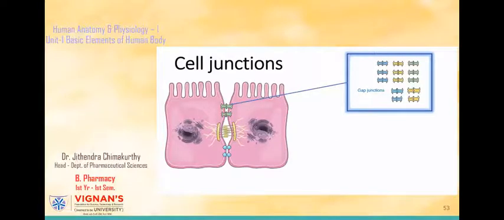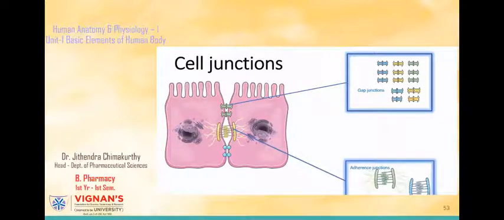It is also known as a channel forming junction. So it is also a mode of transport of ions and other messenger molecules between the two cells. Now, adherence junctions are mostly structural support. They help the cells stick to each other, and these adherence junctions are anchored to the actin cytoskeleton such that two cells mechanically intertwine with each other nicely.